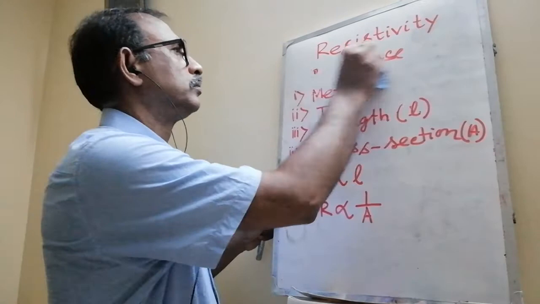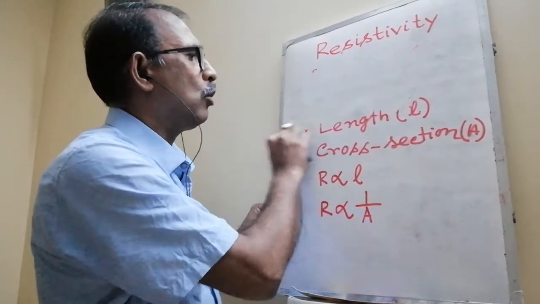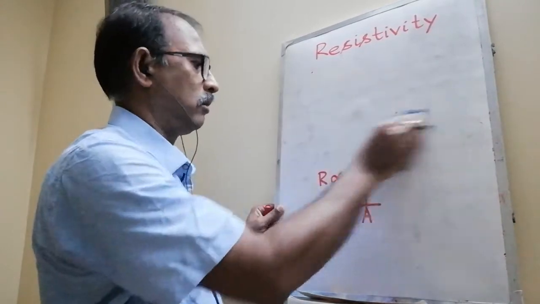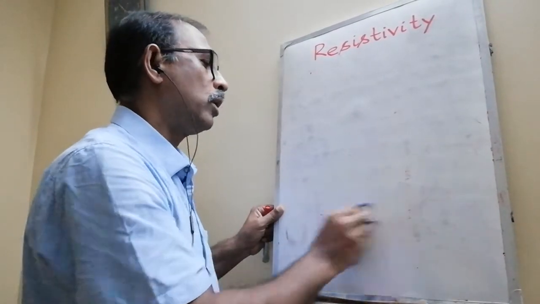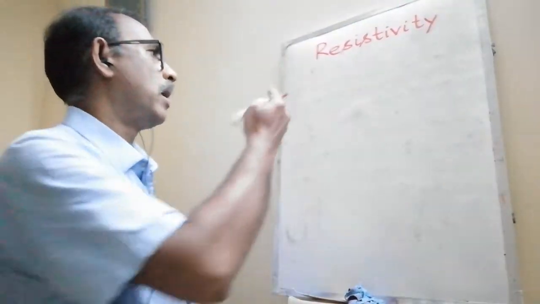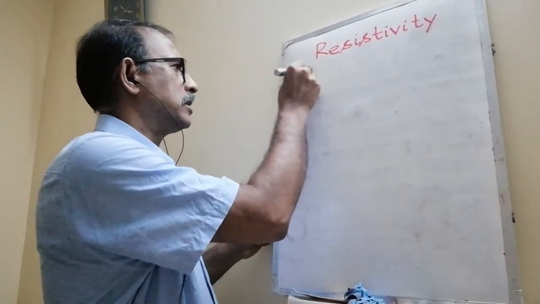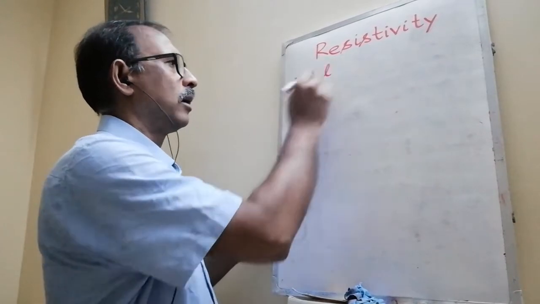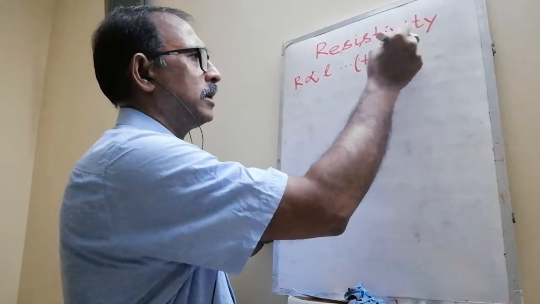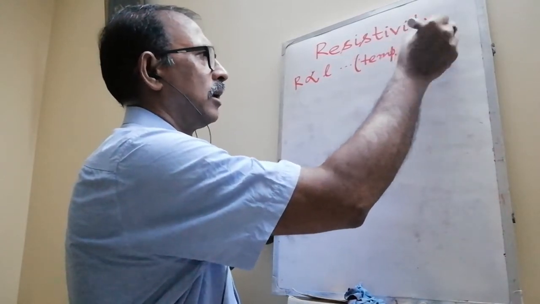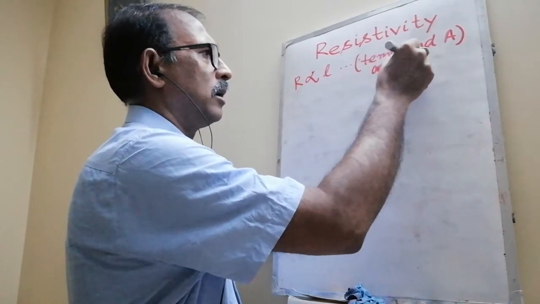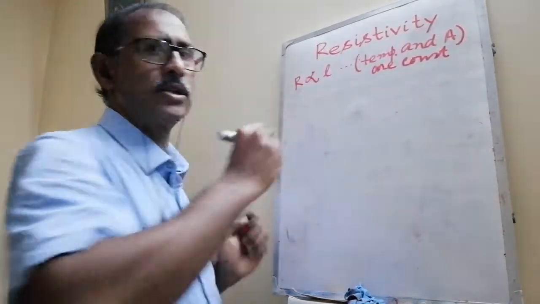Now, if you apply the joint variation rule on these two relations, what do you get? R is directly proportional to L, where temperature and cross section are constant.